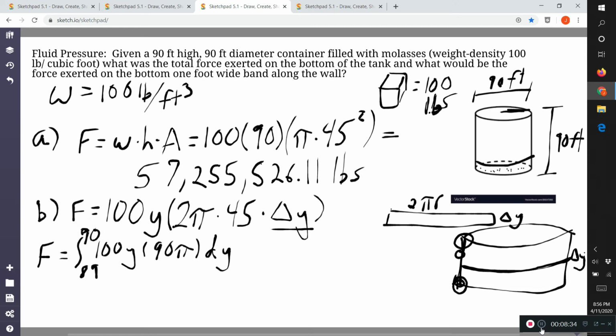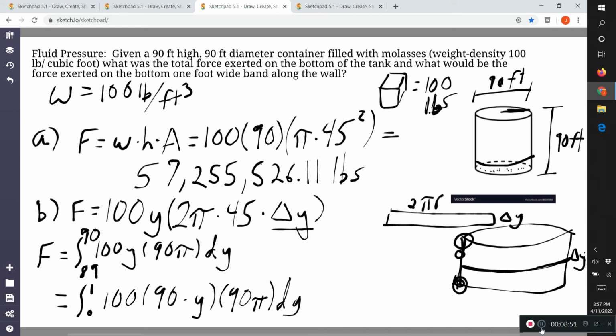Now the alternate setup to this would be an integral from 0 to 1 of 100 times (90 minus y) times 90 pi dy. So let's explain that. This and this are going to come out the same numerically because this value is going to go from 89 to 90, and this whole parentheses is going to go from 89 to 90. So it's the same thing no matter what.